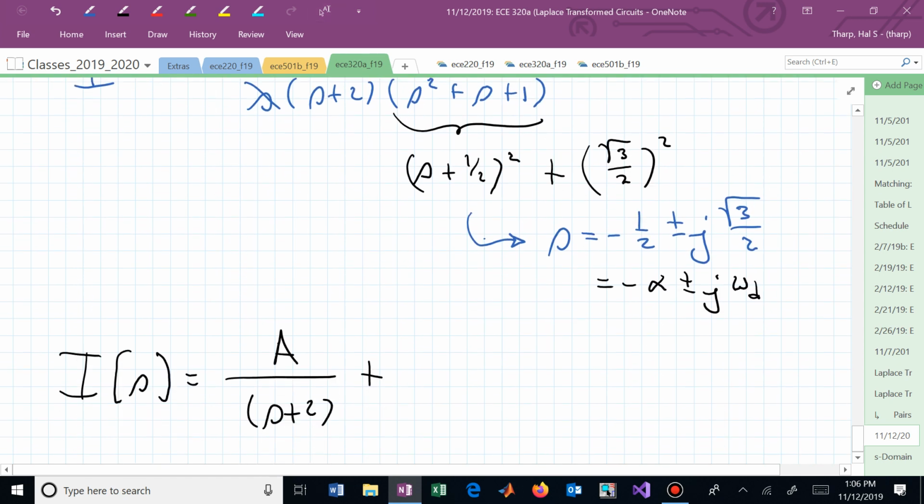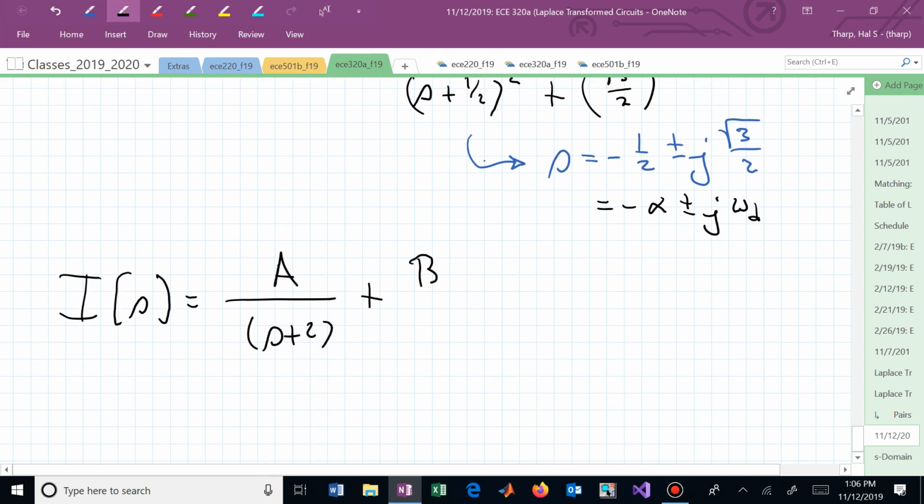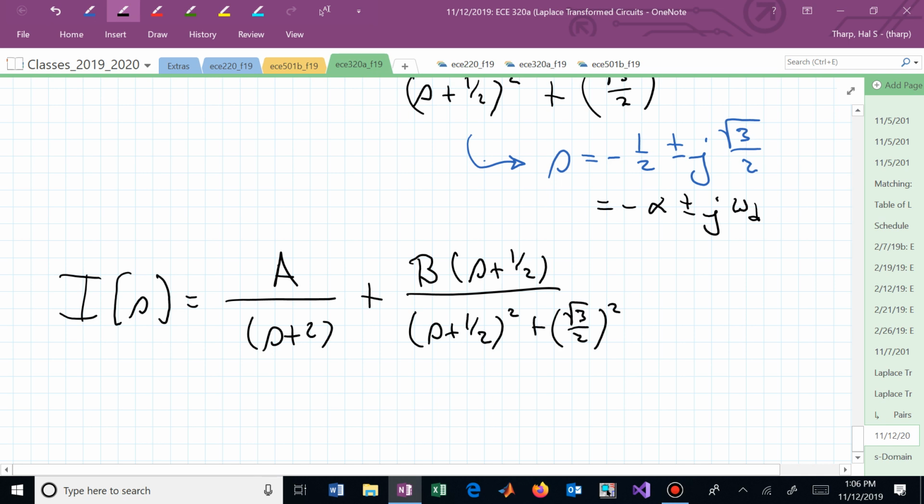One could be a cosine, which I'm going to now write as b, s plus 1/2 over s plus 1/2 squared plus the square root of 3 over 2 squared. And I have another term, which is the exponentially damped sine wave, which is omega over s plus alpha squared plus omega sub d squared.